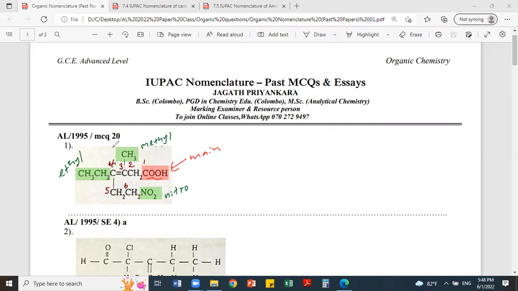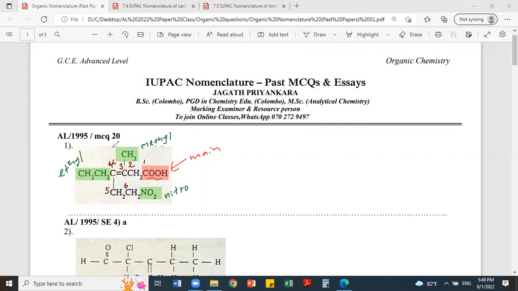Therefore it will be hex-3-enoic acid. Okay, how to write the name?